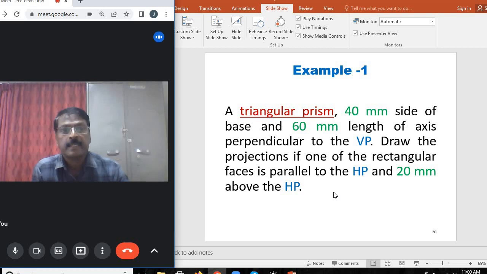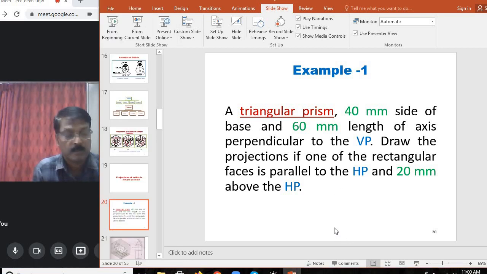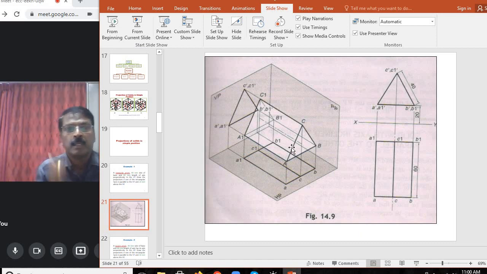Let us see the next figure. The object is a triangular prism. When the axis is perpendicular to the VP, you have to imagine the position of the triangular prism like this. Here we consider the vertical plane, horizontal plane, and profile plane, and it is in the first quadrant.